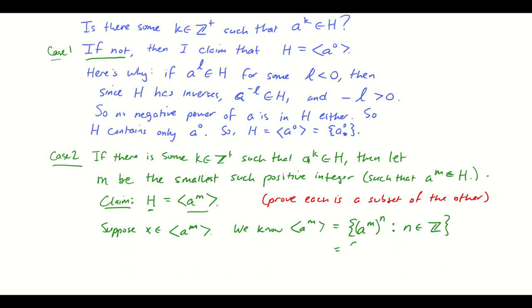And I can rewrite that just using properties of exponents as a to the mn, where n belongs to the set of integers. So then x belonging to the set has to equal a to the mn for some integer n. So now I need to show that x also belongs to h.